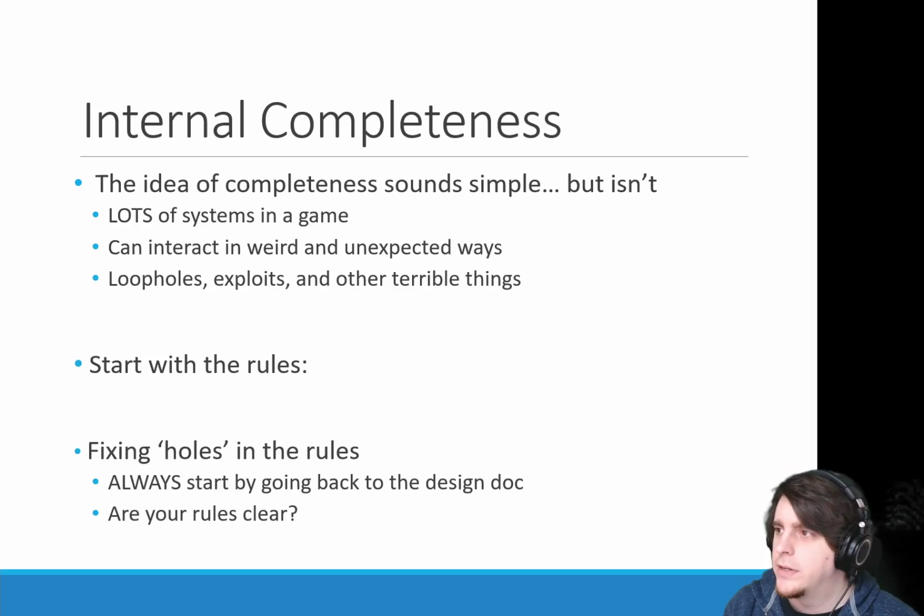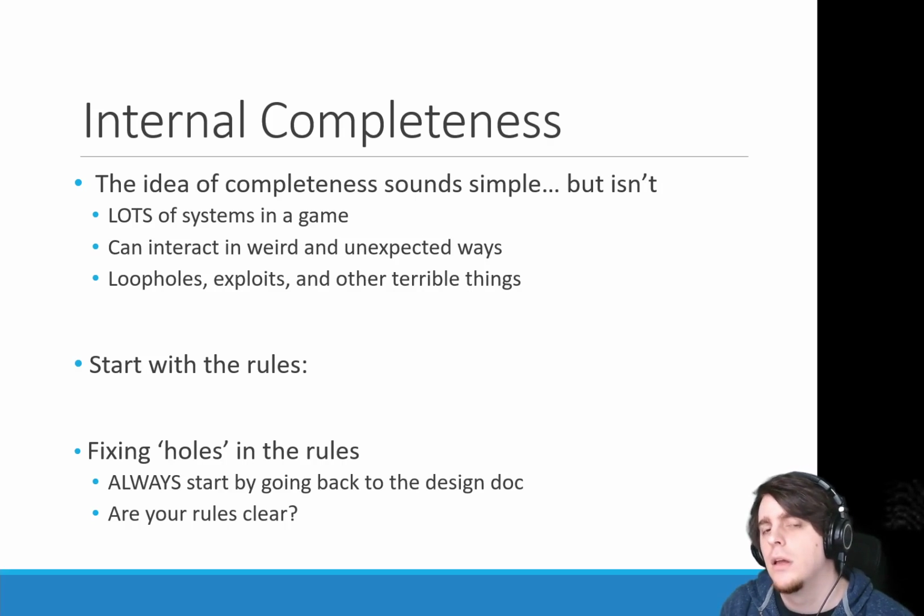And to some point, the idea of completeness sounds really simple, but it's not. The larger a game is, there are a lot of systems at play within a game, and sometimes those systems interact in strange or unexpected ways, and they're not things that you've designed.